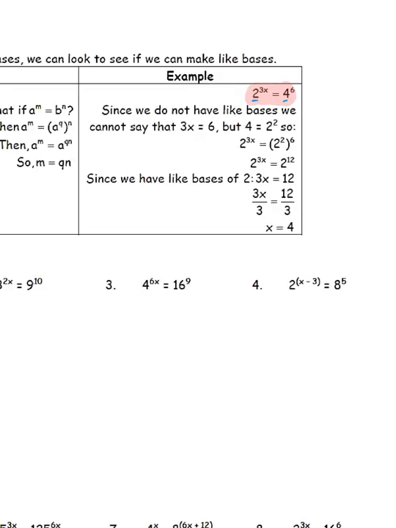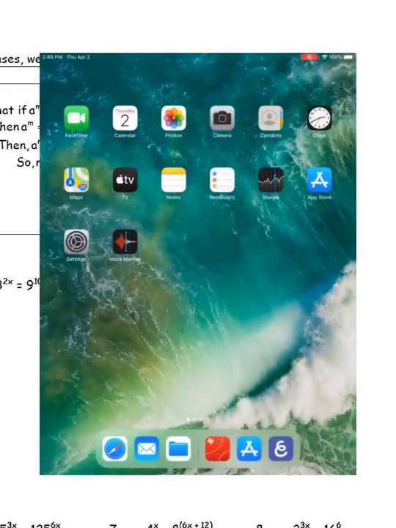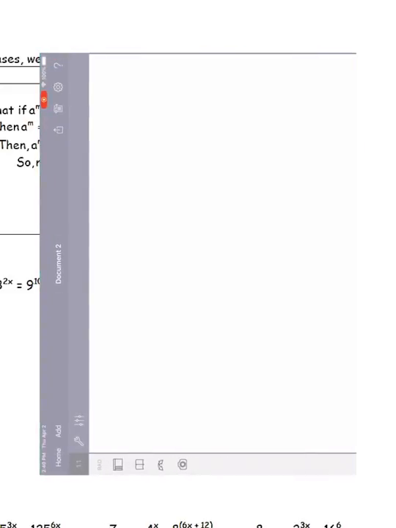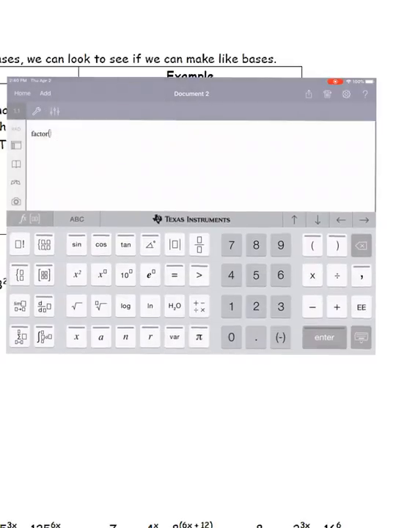You can also do this on your calculator. So I did a little screen record just to show you how to do it on your own computer. If you downloaded the TI Inspire app, this is what your screen would look like in the app. So I went to the little wrench looking symbol that has the tools on it, and then I'm going to go to where it says factor.